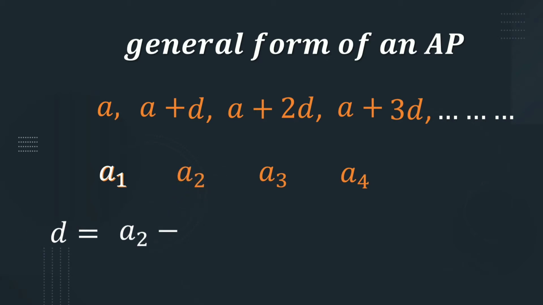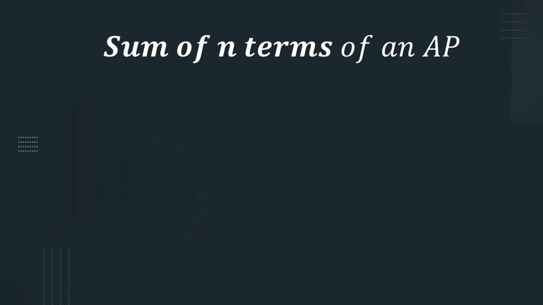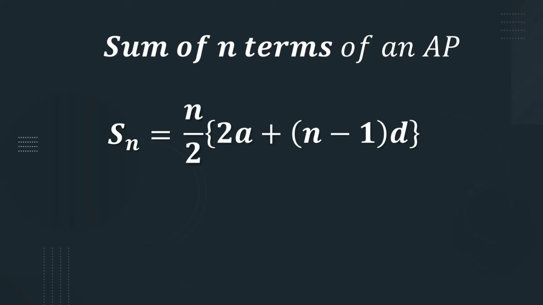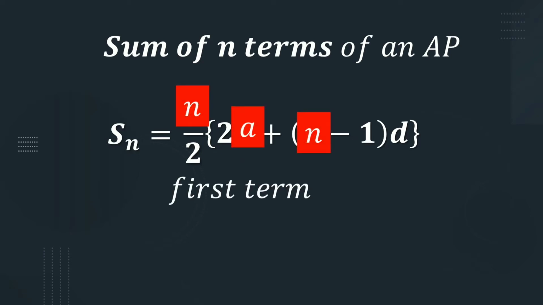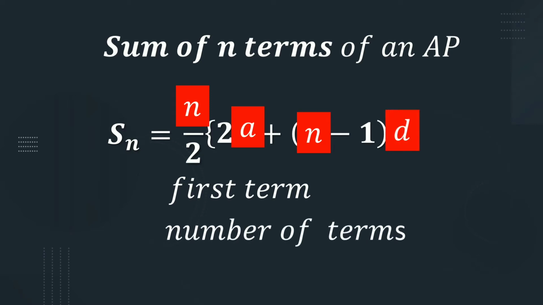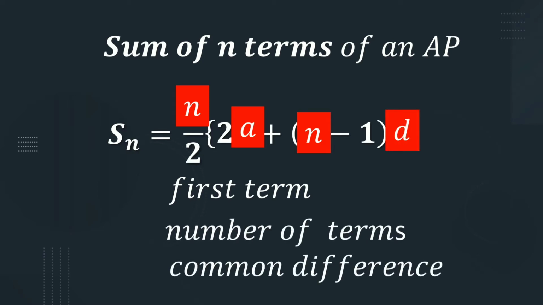d is a2 minus a1, which is also equal to a3 minus a2, which is also equal to a4 minus a3. Sum of n terms of an AP, Sn is equal to n by 2 into 2a plus n minus 1 into d, where a is the first term, n is the number of terms, d is the common difference.